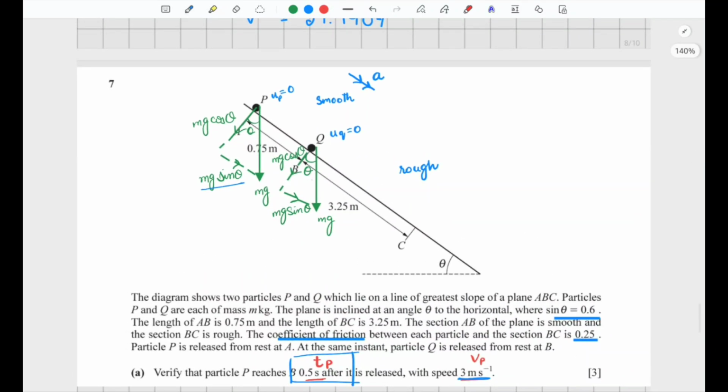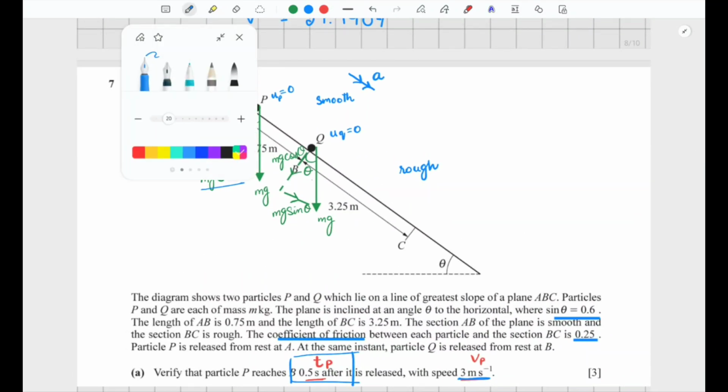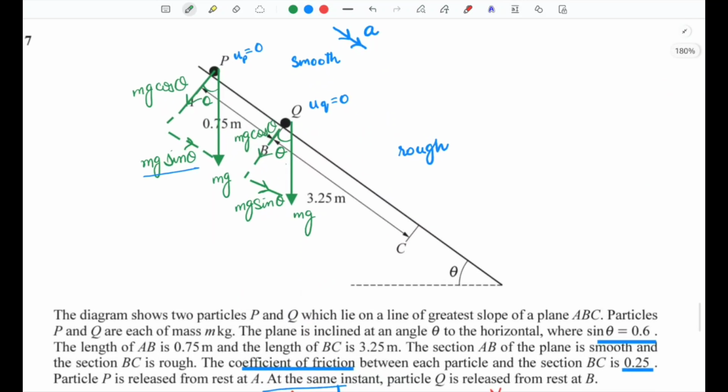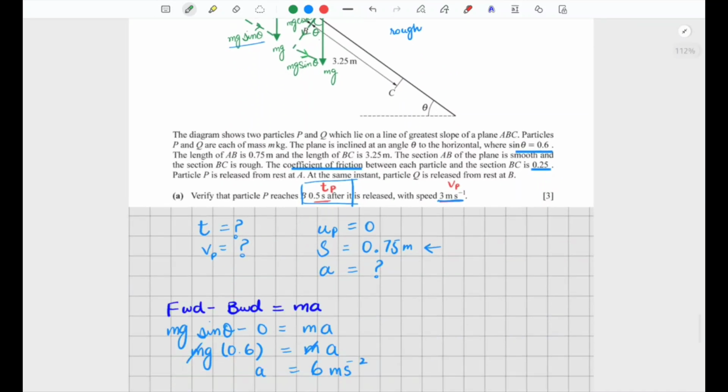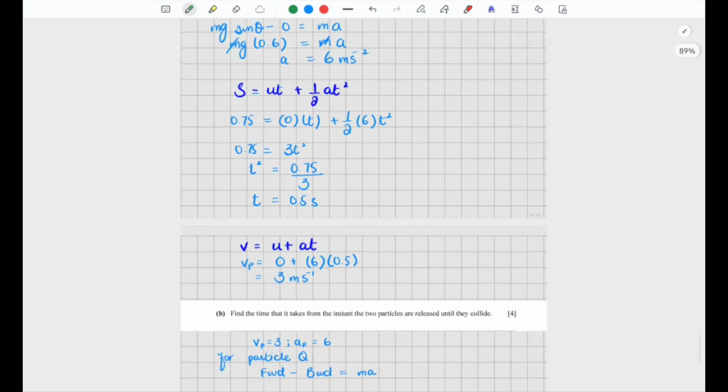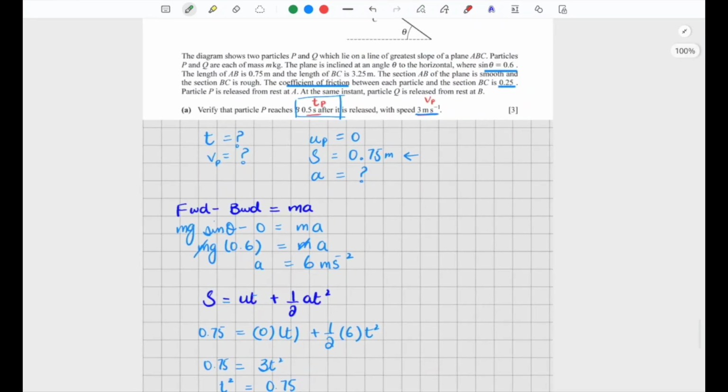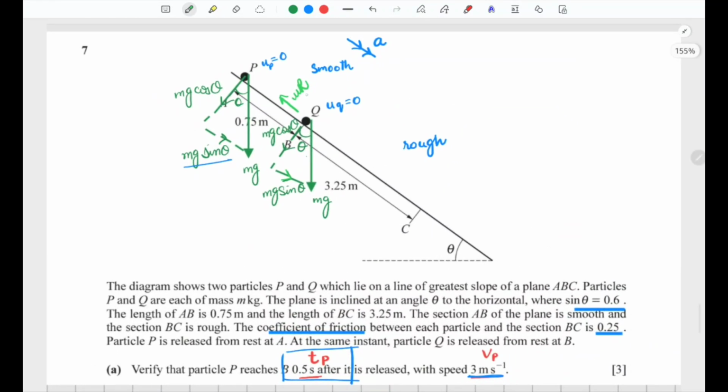But we need to look into this, that in this specific case we have more to understand because the surface is now rough from B to C. So if this is the forward force, there must be some backward force as well, that would be mu R. Okay, and have they told us what is mu? Also what would be R?